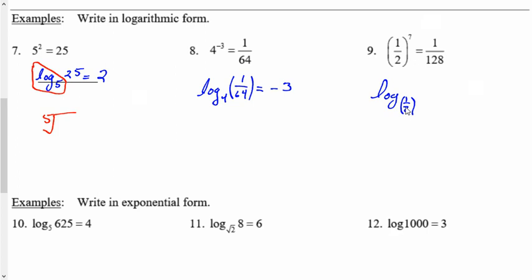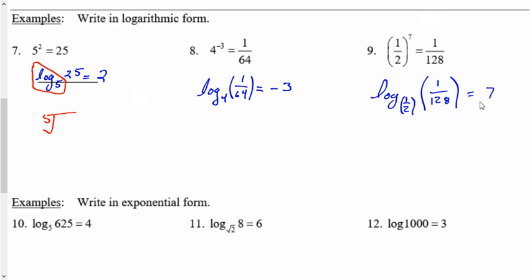Over here, we put the argument in brackets. Wouldn't have to, but again, for clarity, to separate it from this 4, which is the base, to make it clear that this is the argument, that's what we chose to do. So here I'll use another bracket to say this will be the 1 over 128, and then this logarithm is equal to the exponent of 7.